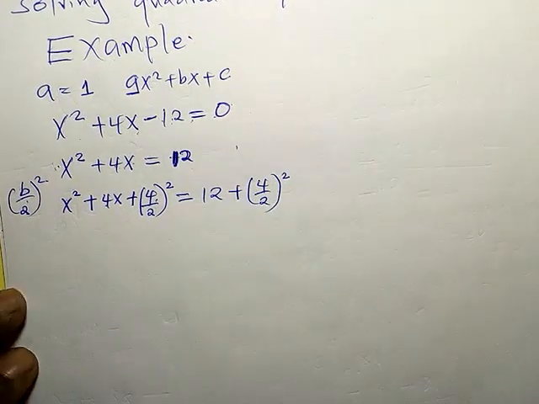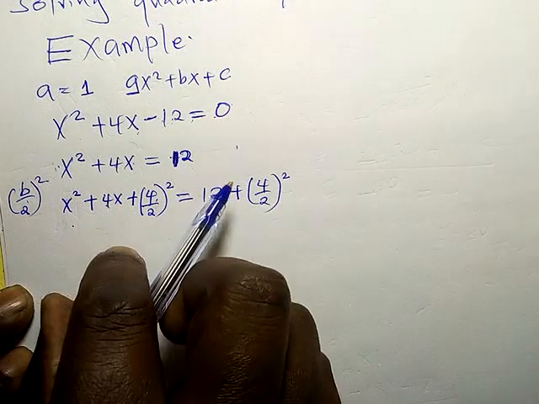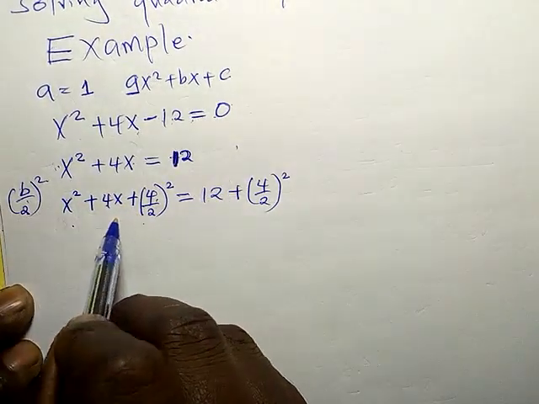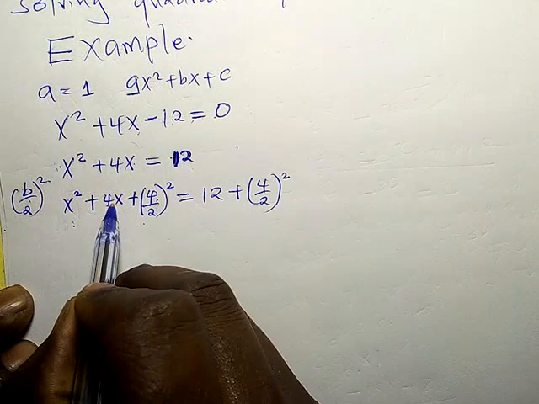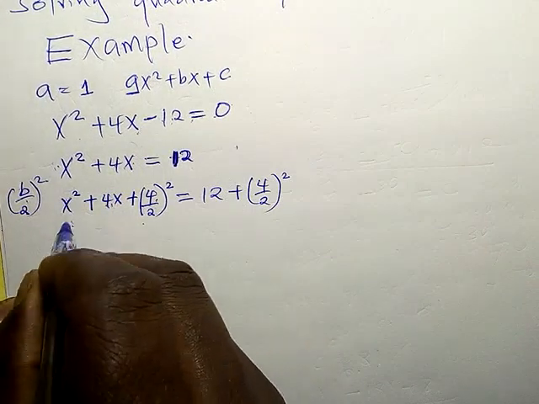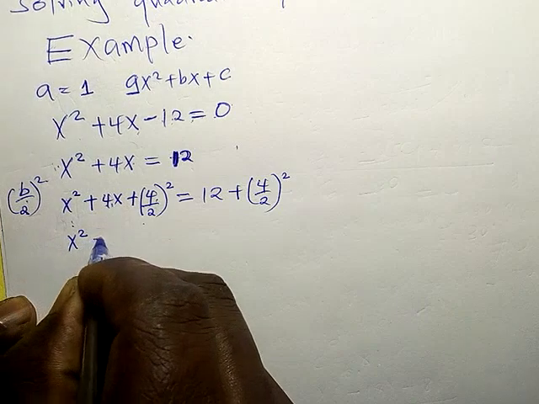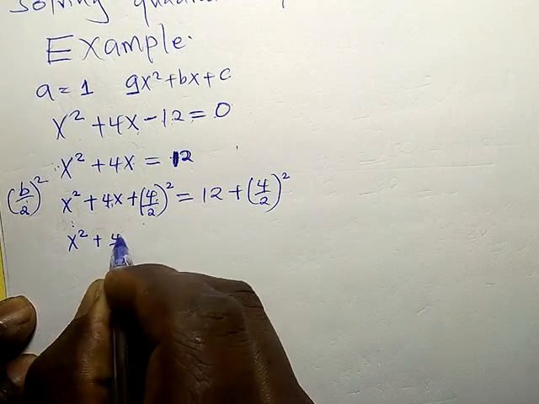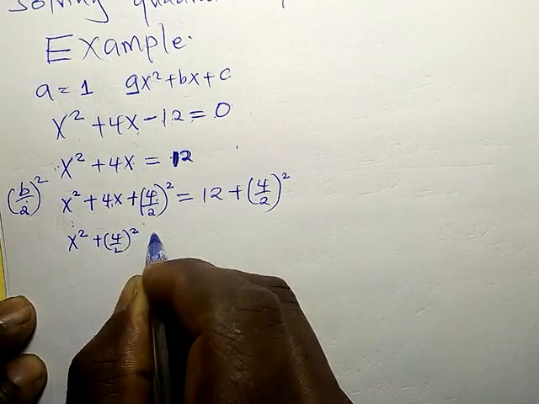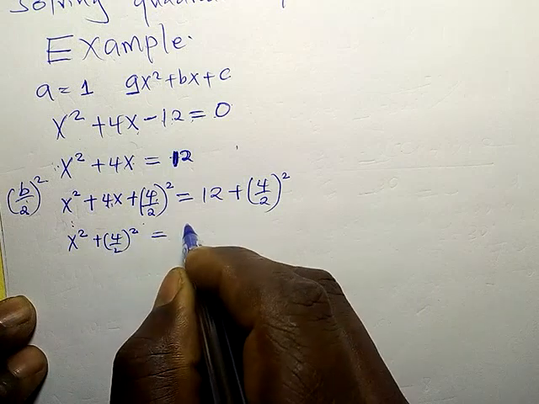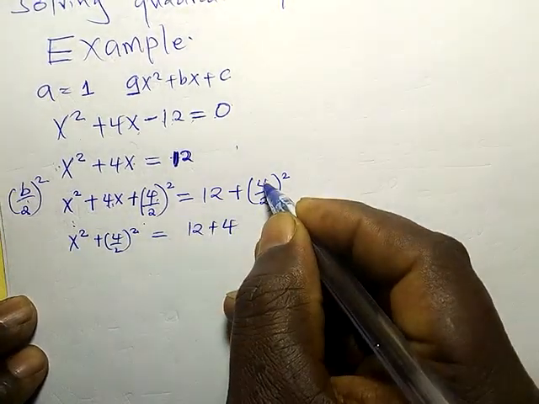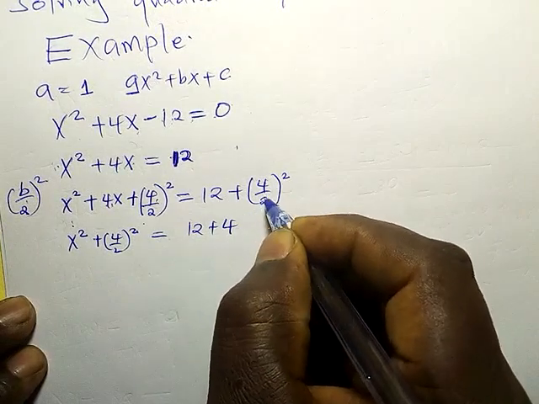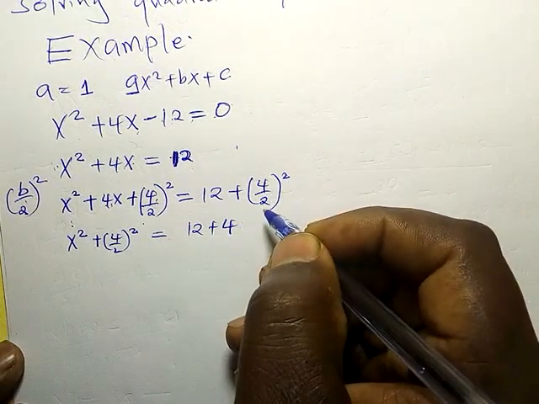Now on the left side, consider only the terms which have the power. So the next one now, we have x squared plus (4 over 2) x, squared, equal to 12 plus, actually this is 4 divided by 2, which is 2. 2 squared is 4.